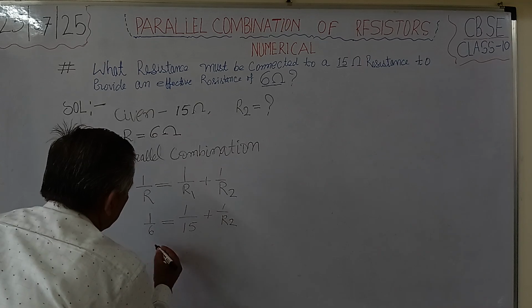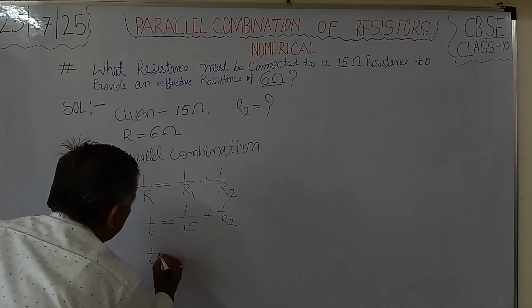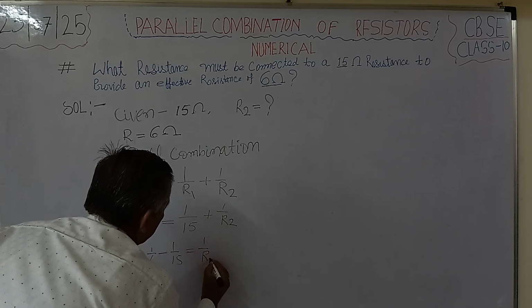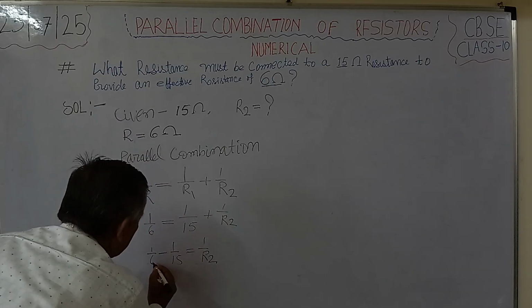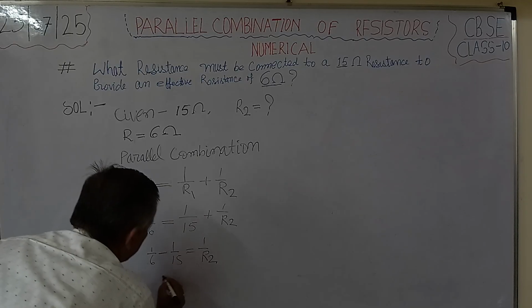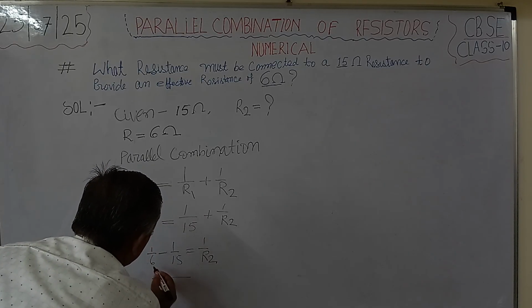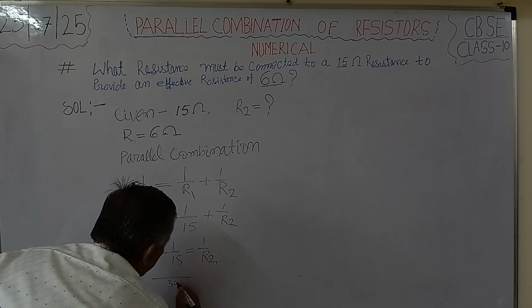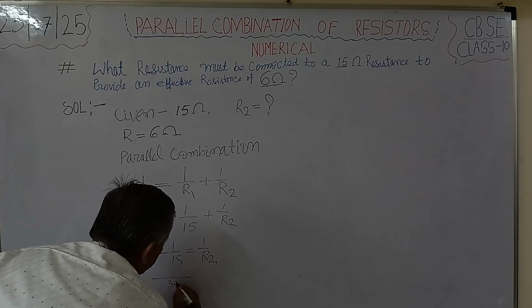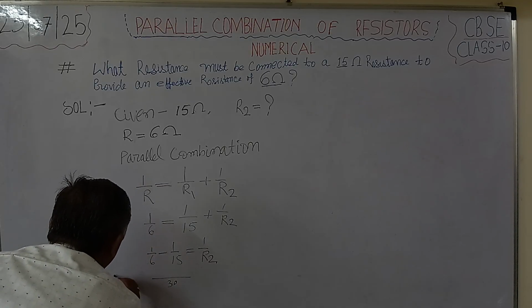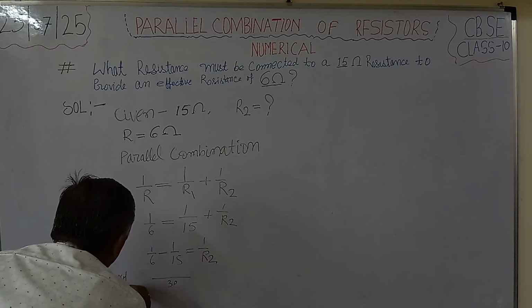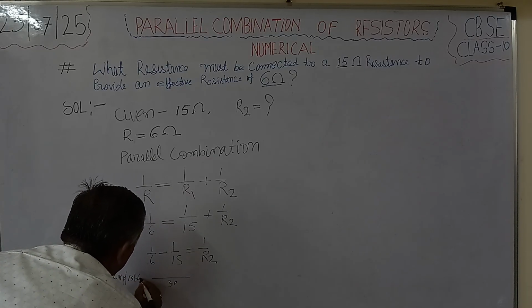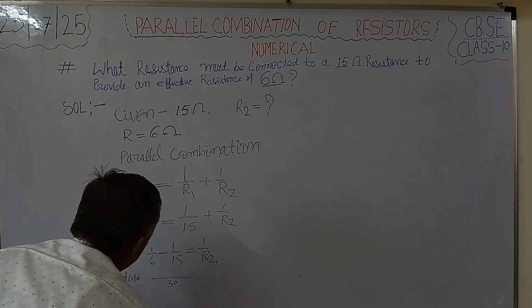So this can be calculated as 1 by 6 minus 1 by 15 equals 1 by R2. We will take the LCM of 6 and 15. The LCM of 15 and 6 is 30.